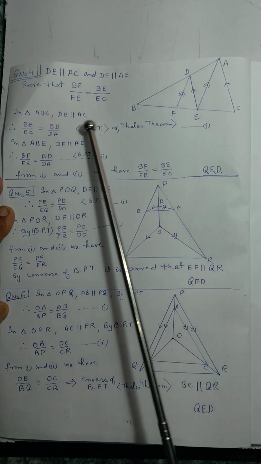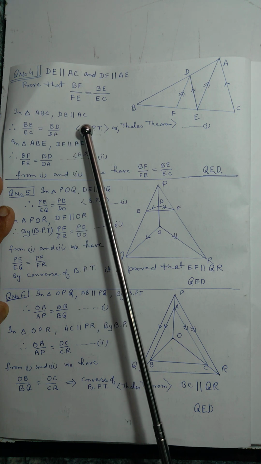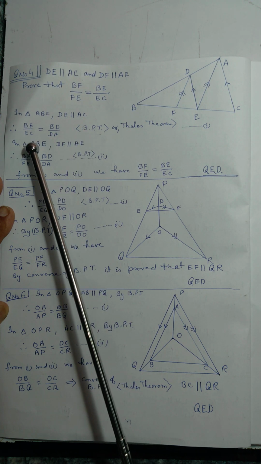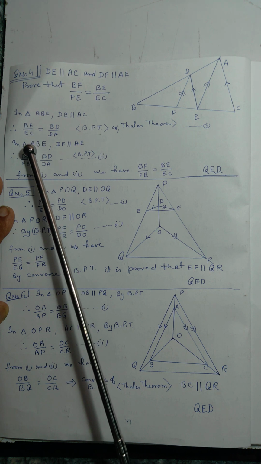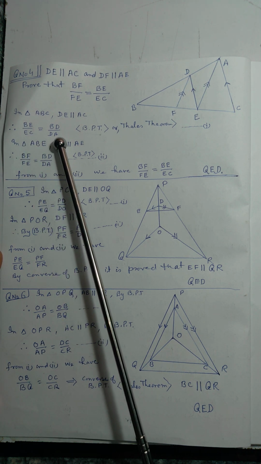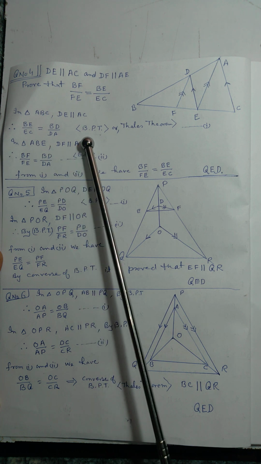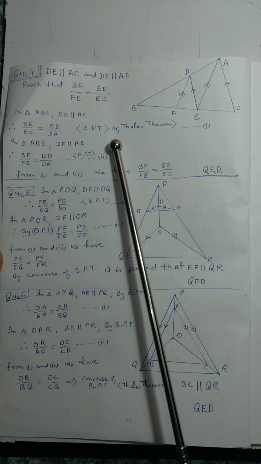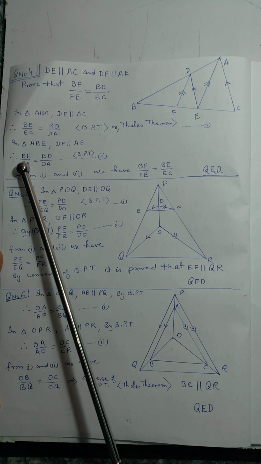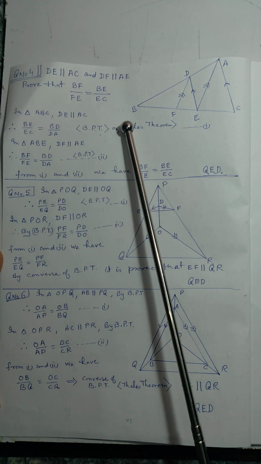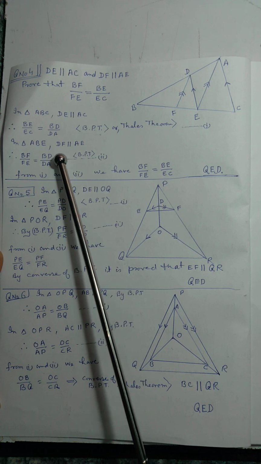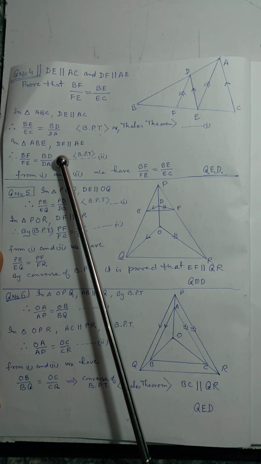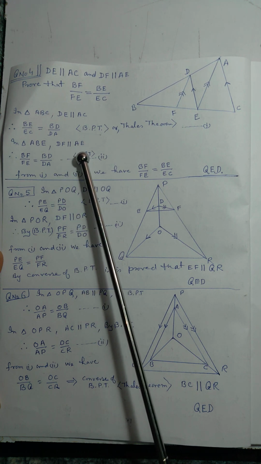In triangle ABC, where DE is parallel to AC, it means that BE upon EC is equal to BD upon DA. That is basic proportionality theorem or Thales theorem. In triangle ABE, DF is parallel to AE.